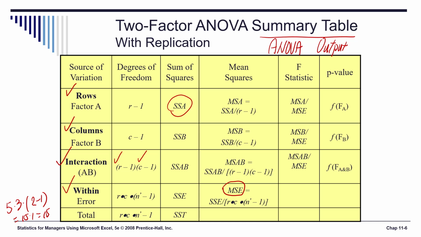Okay, so mean of square error equals sum of square error divided by the degree of freedom. And based on that, we're going to calculate the F statistics, F values. So test statistics, F values. We do MSA divided by MSE. So mean of square for row factor by mean of square for error, or mean of square within. Okay. And we find F values for the row factor.